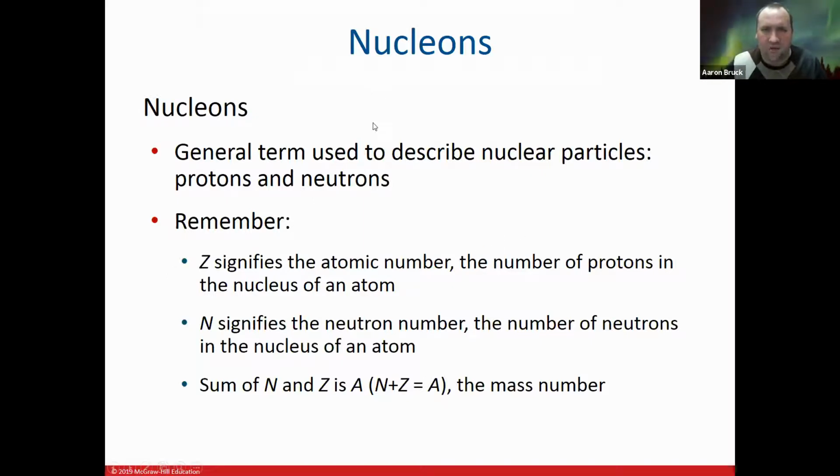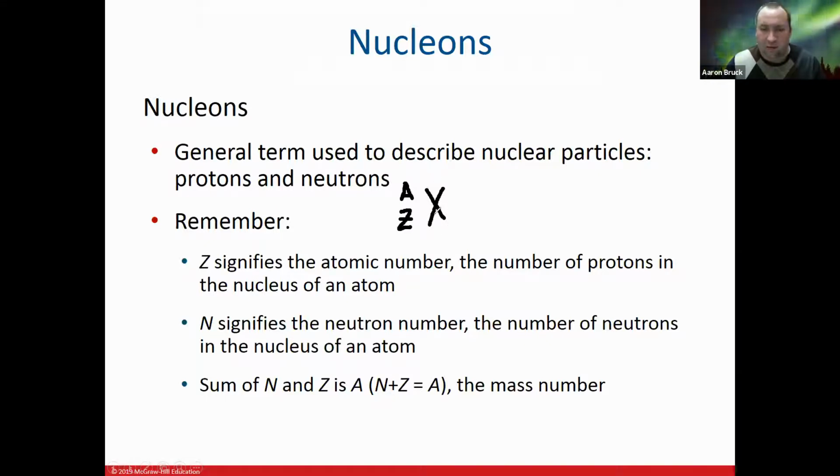Now, where we have seen this before, if you can remember, we had this A Z X notation, where we could describe an element. I'm giving the general element X here.